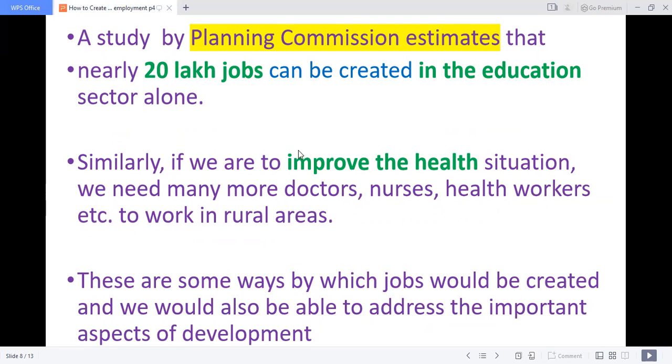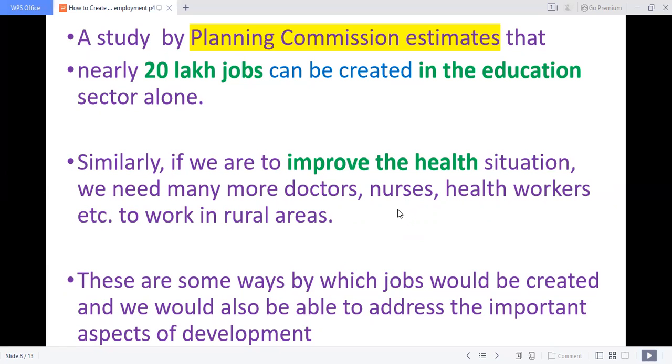Similarly, to improve the health situation, we need more doctors. If the government starts developing government PHCs, government hospitals and all to improve the health situation, the government needs more doctors, nurses, health workers, etc. in rural areas. Most of the PHCs are set up in urban areas, towns and cities.